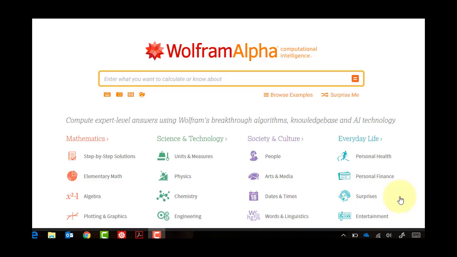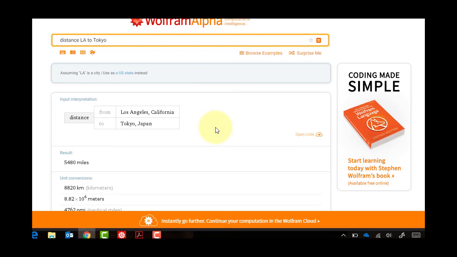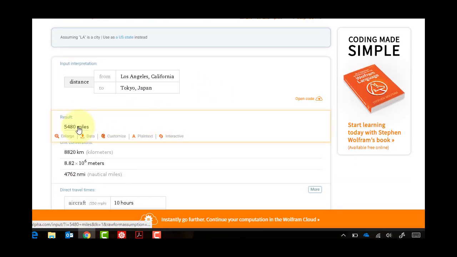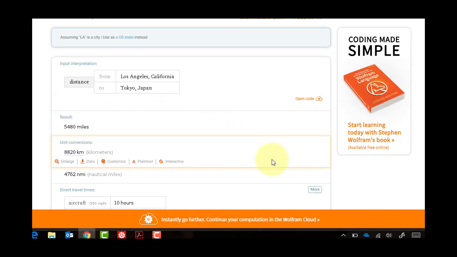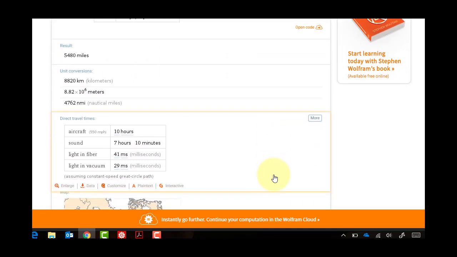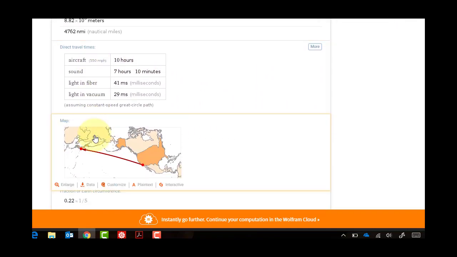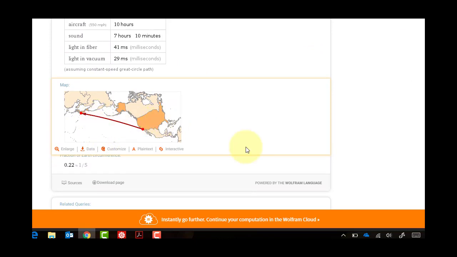Another place I could check my answer is Wolfram Alpha. And actually that comes up 5,480 miles. That's exactly the same number that I got. It also tells me how long it would take flying at 550 miles per hour. That's where this image comes from.